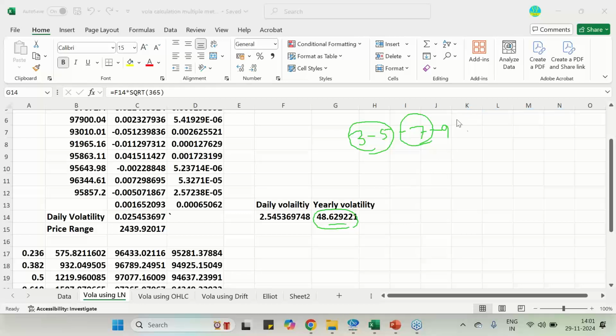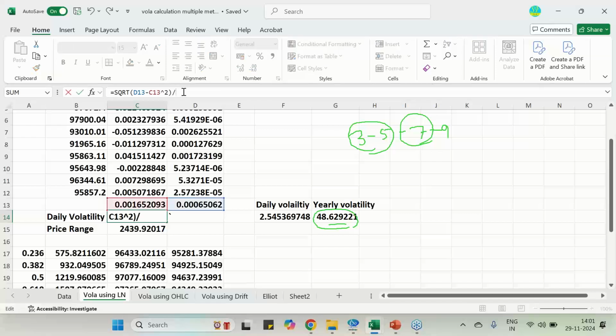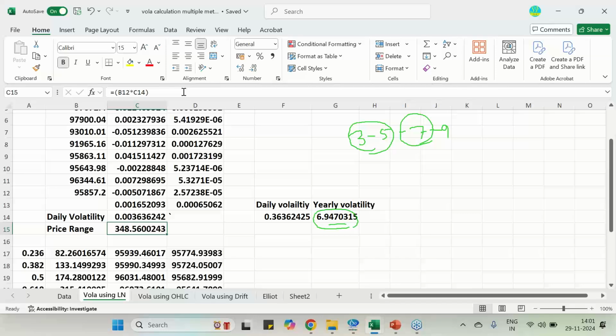So I'll be going with the 7 cycle and I'll split this volatility into 7 cycles. How will I split it? I'll divide the daily volatility by 7. Now I get the inner cycle, and the price can move 348 USD. A $348 movement can be expected as per this split volatility.